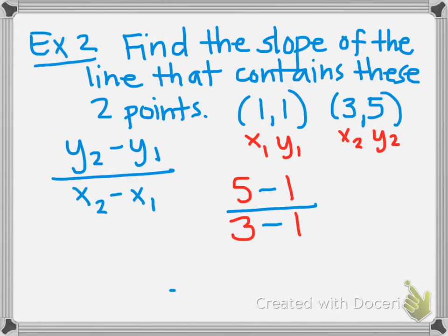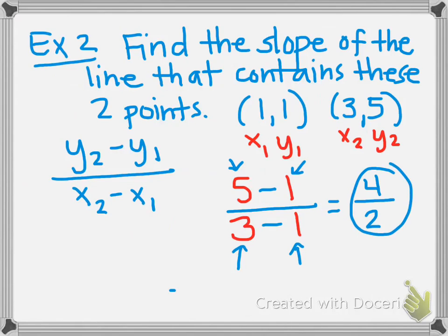Okay, so all we did was plug in the numbers into the formula. So y2 minus y1, x2 minus x1. So the slope is 5 minus 1 is 4, 3 minus 1 is 2. So the slope is 4 over 2, but I can reduce that to just regular 2. So the slope is 2. So that means this person is saving $2 per day.